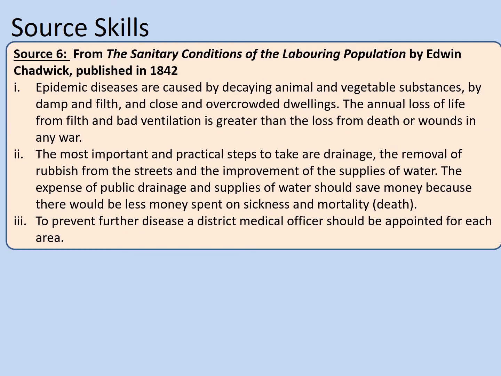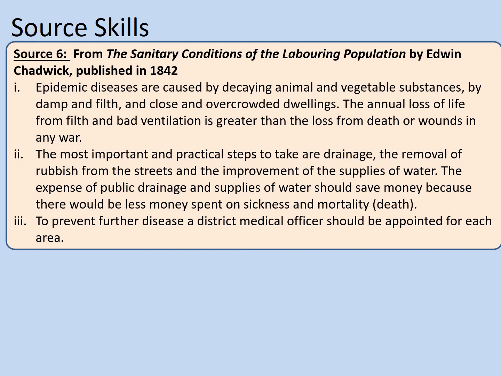Some source skills to extend our knowledge further. Source 6 is from The Sanitary Conditions of the Labouring Population by Edwin Chadwick, published in 1842. Here he sets out some of his main ideas. "Epidemic diseases are caused by decaying animal and vegetable substances, by damp and filth, and close and overcrowded dwellings. The annual loss of life from filth and bad ventilation is greater than the loss from death or wounds in any war.